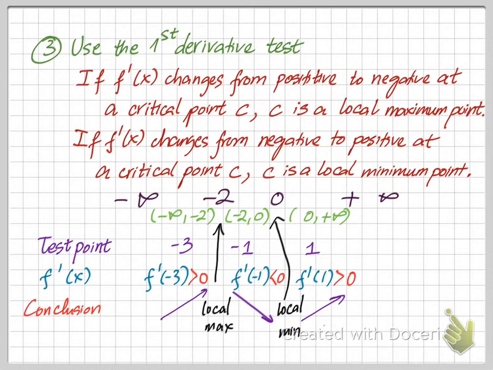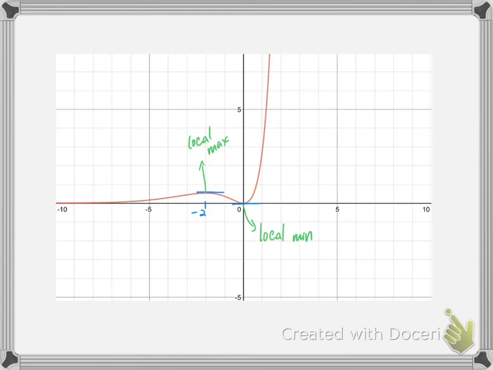That means x equals 0 is the local minimum of this function. We can take a look at the graph of the function, and you can see it clearly: at x equals -2, the function achieves a local maximum, and at x equals 0, the function achieves a local minimum value.